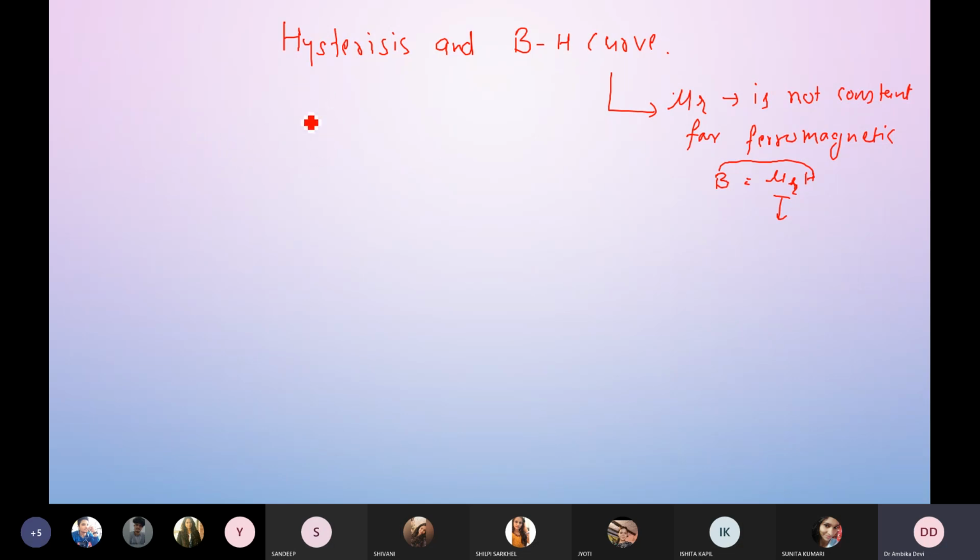Okay, so the behavior is just like this. This is the vertical axis, this is the horizontal axis. Along the horizontal axis we have taken the magnetic field H, and along the vertical direction we have taken the magnetic flux B.